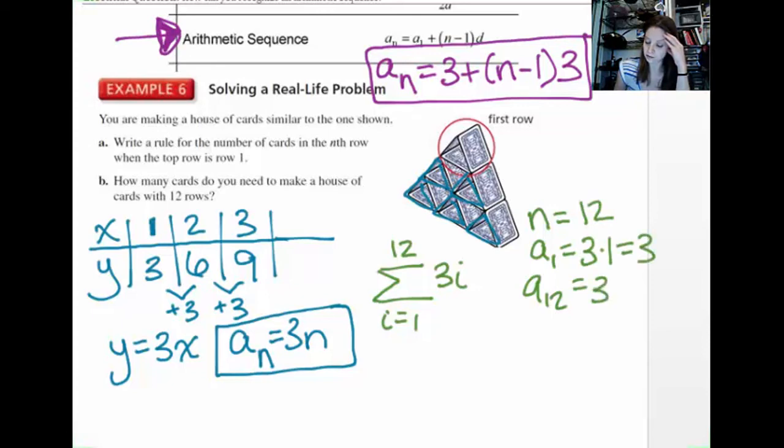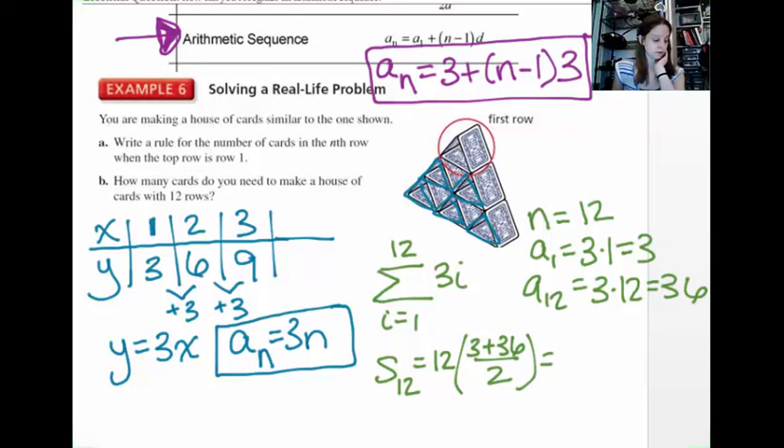The last one is 3 times 12, which is 36. The formula, the sum of the first 12 terms will be 12 times 3 plus 36 over 2. And when you simplify that, you get 234 cards.